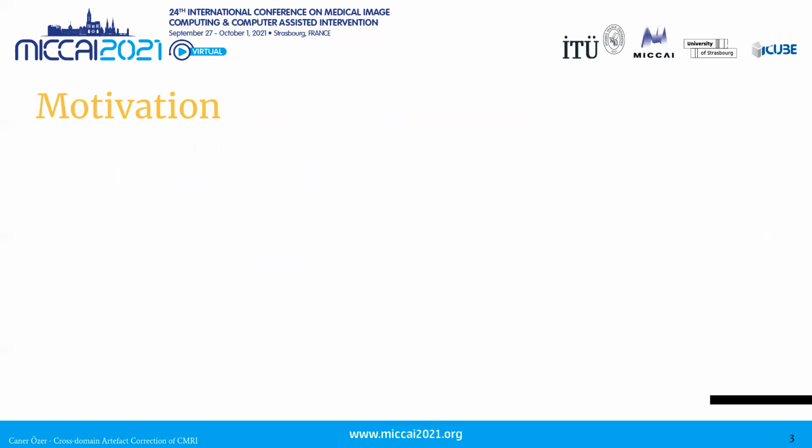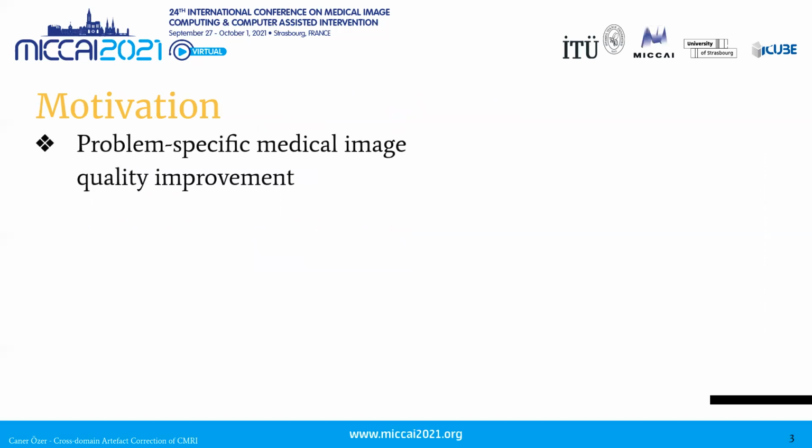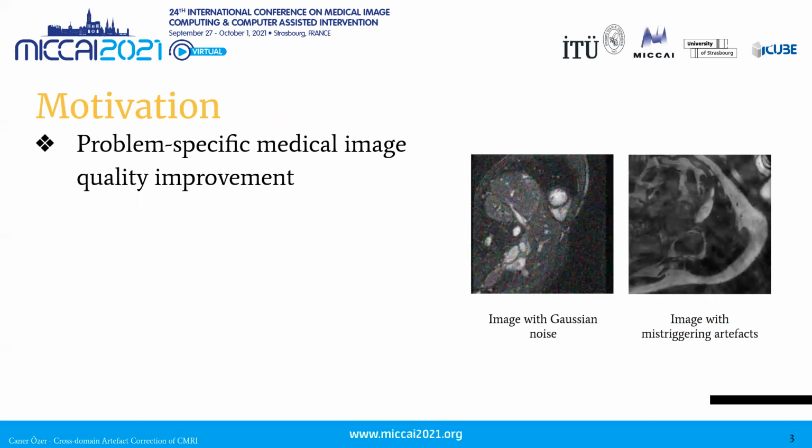In this regard, we start with the question of what we can do in order to increase the effectiveness of deep neural networks to overcome problem-specific medical image quality issues, such as Gaussian noise or mistriggering artifacts in cardiac magnetic resonance imaging. Although the presence of Gaussian noise is an image domain-based quality problem, which can also be solved on the image domain, mistriggering artifacts is a frequency domain-based problem, which directly affects its image domain representation as well.